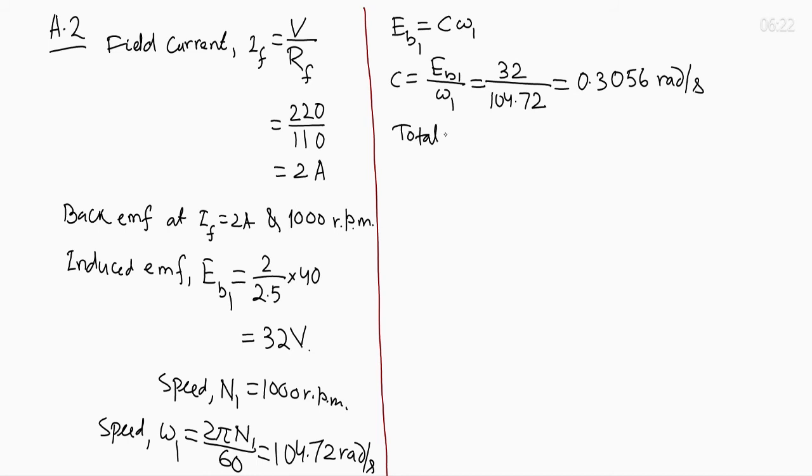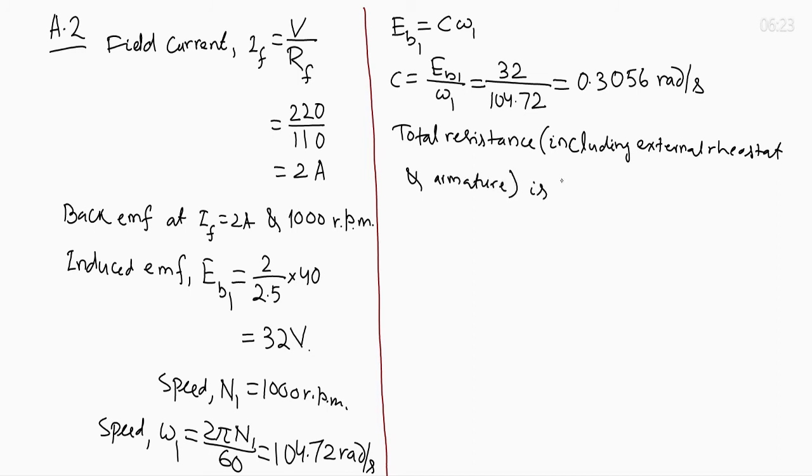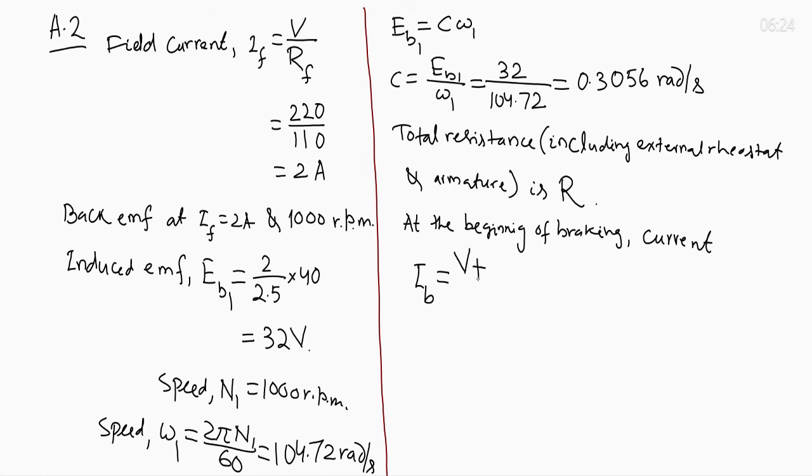So, total resistance, that means including external rheostat and armature, is R. So, at the beginning of braking, the braking current IB equals supply voltage V plus EB divided by R. R is the total resistance and V is 220 volt, EB is EB1 because initial speed is omega 1.